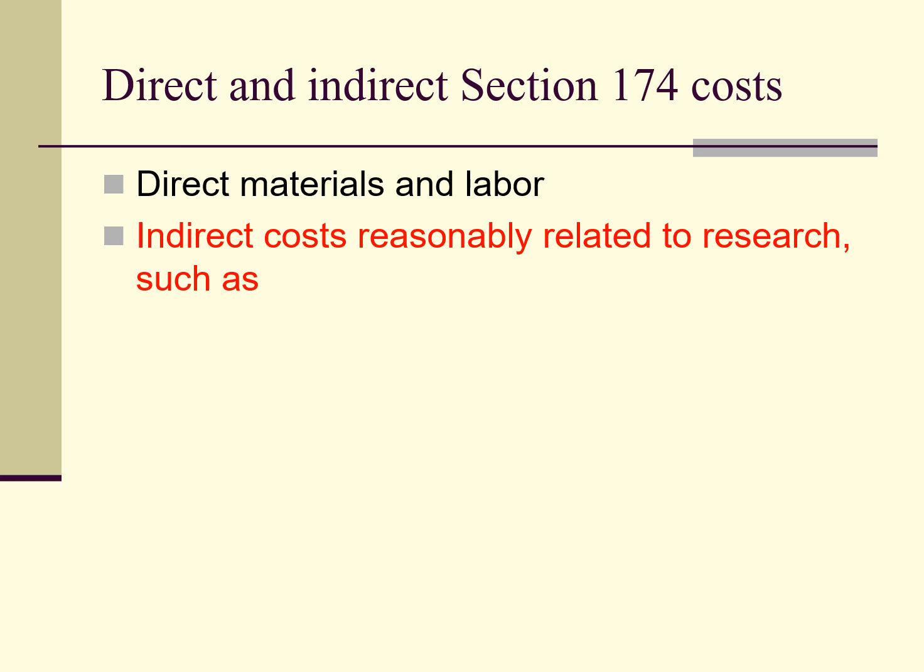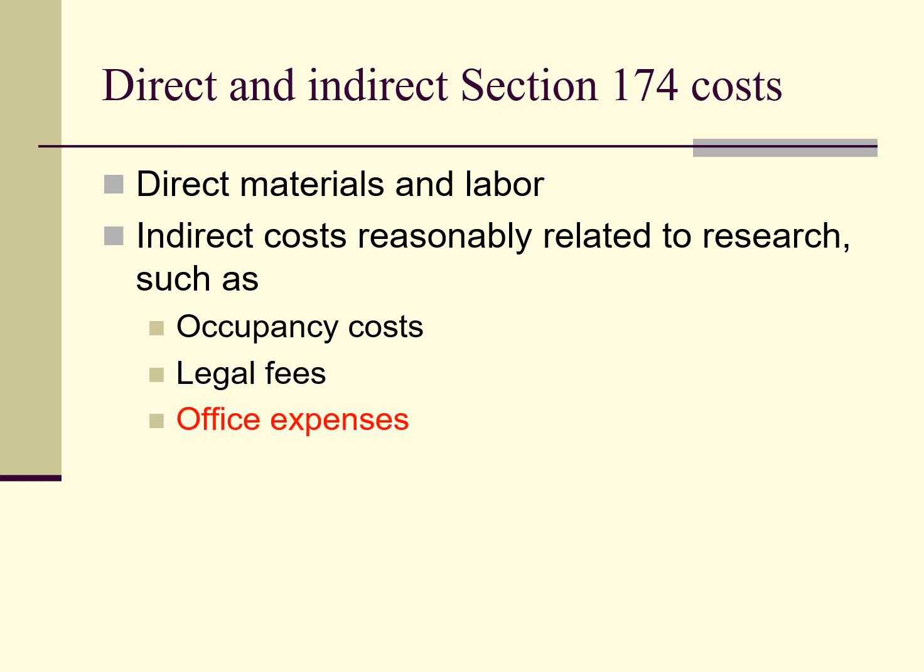Qualifying indirect costs also include costs reasonably related to the research activities, such as heat, light, power, and depreciation and other occupancy costs of a building used for research activities. Other qualifying indirect costs include legal fees, office expenses, and overhead.